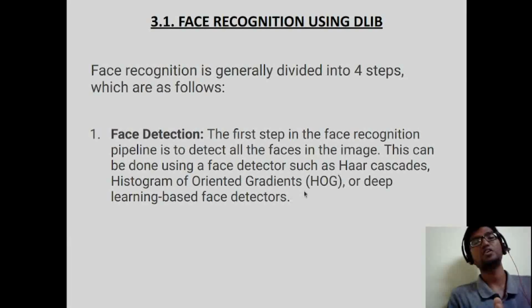That is what we use HOG for. We can also detect faces using deep learning methods. Deep learning can give high accuracy, but for face detection the Haar cascade classifier is enough. This is the most sufficient option for face detection.